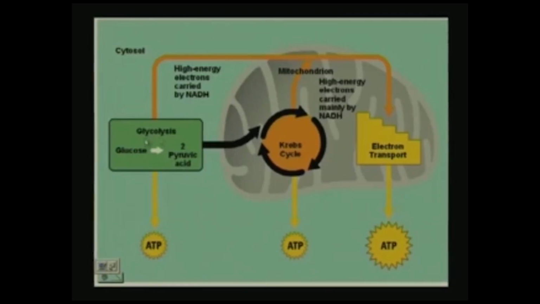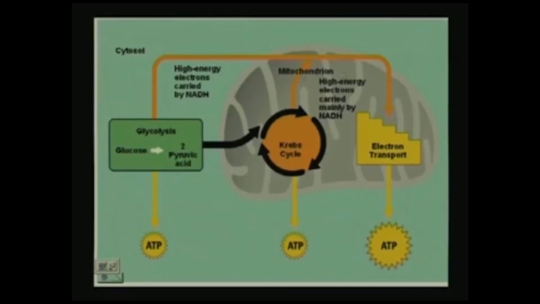So, we have the first step, glycolysis, where from glucose we get 2 pyruvic acid molecules. Here we have the Krebs cycle, which we are going to study right now, and the electron transport that also results in the production of ATP. So, these are the three stages that we are going to have.